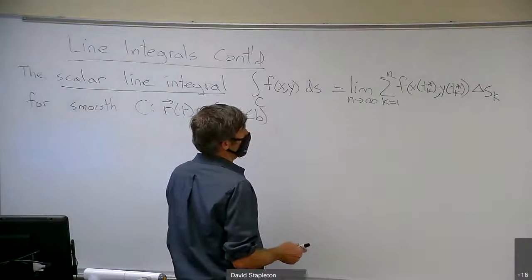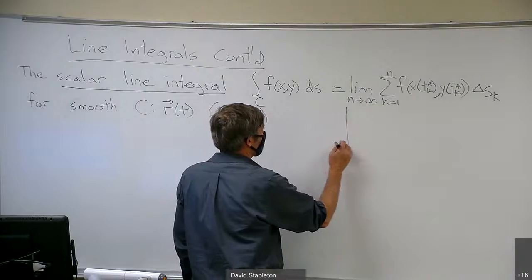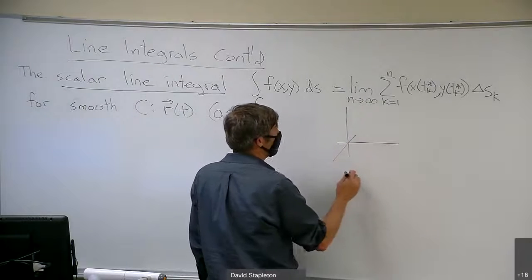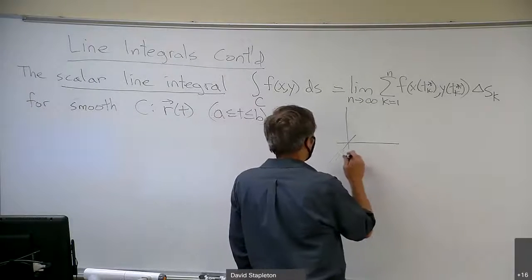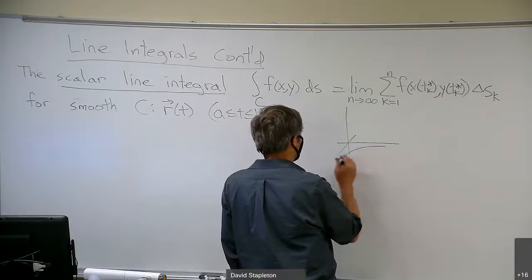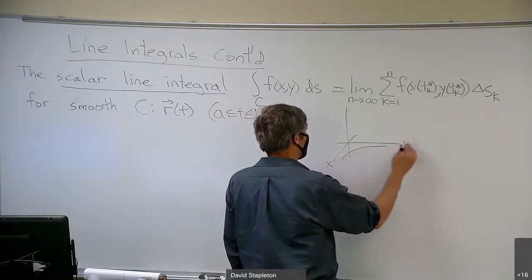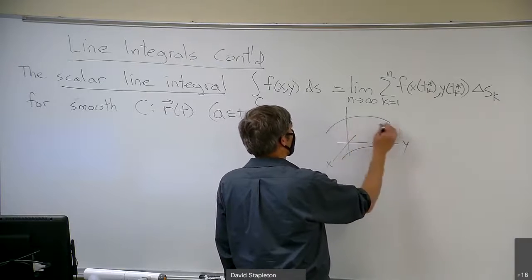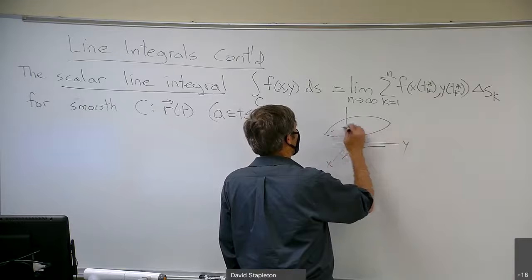And what is delta sk? It's the length of the kth line segment. The idea is you have a curve in the xy plane, and over it a surface z equals f of x, y.